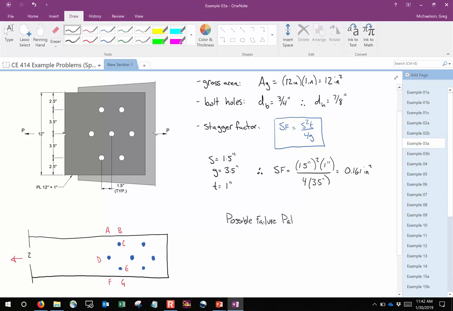Now I will start. One of them I'm going to say is A, D, F. Okay? And so that path is this path right there. You tell me, is that a valid potential failure path? Does that fall along the lead line?